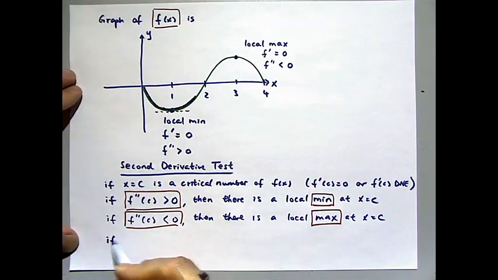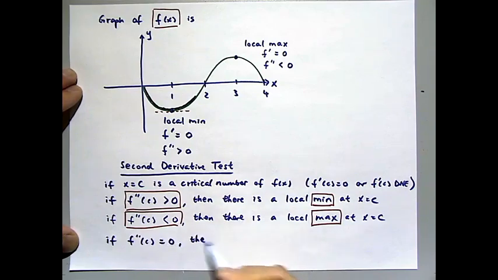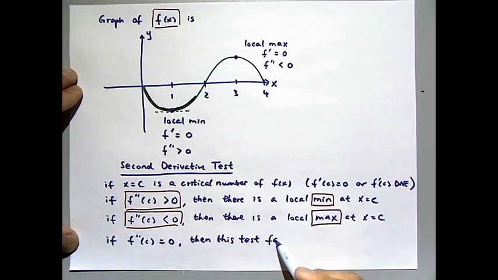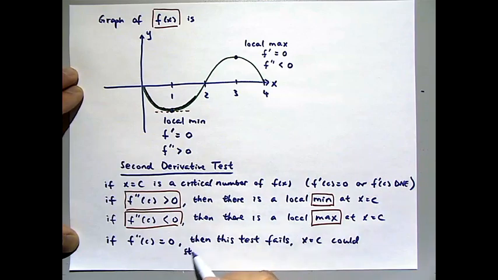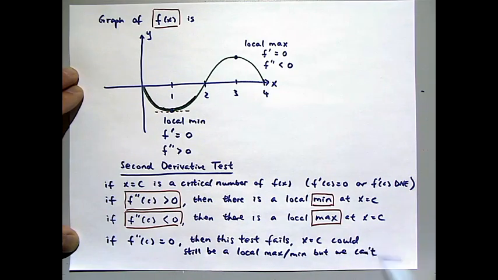We get into a little bit of trouble if f double prime of c is exactly equal to 0. If that happens, then we can't tell from this particular test.